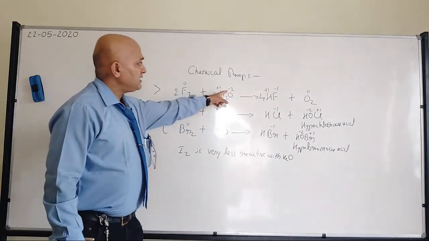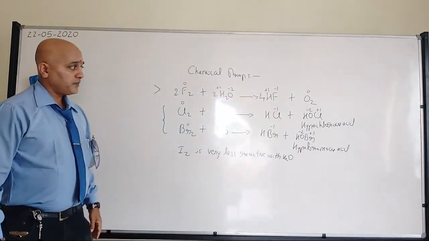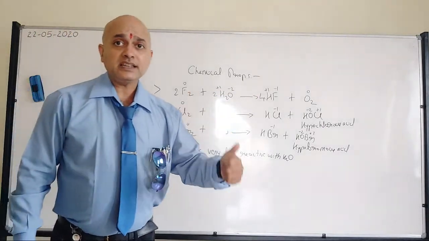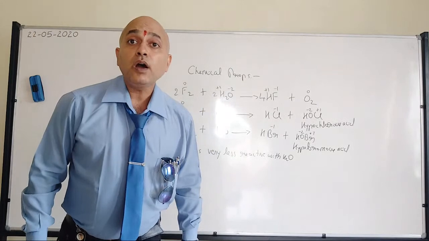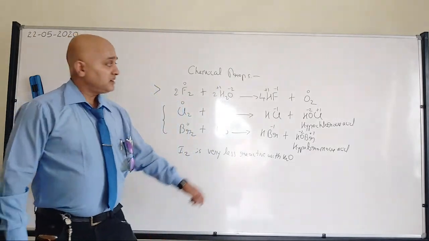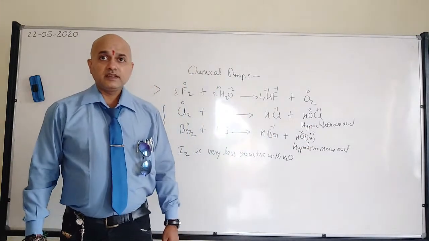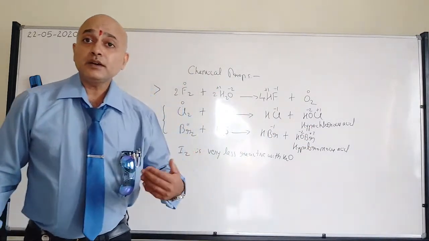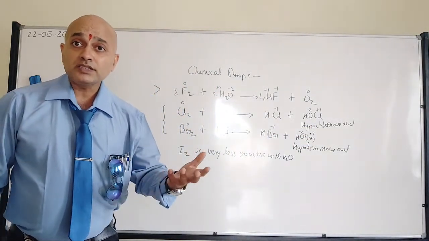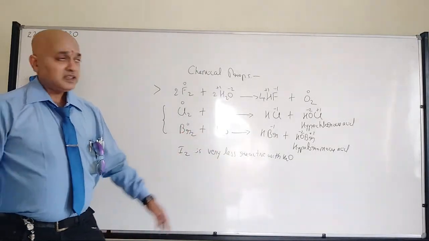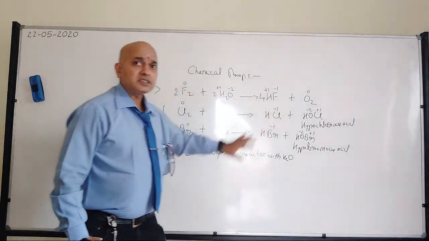Which is coming -2 to 0. But no other halogens, they have the capacity to oxidize the oxygen, right? They are not disturbing the oxidation state of oxygen. That shows that when it comes to electronegativity, oxygen is big boss compared to chlorine and bromine, right? That's what this product tells.